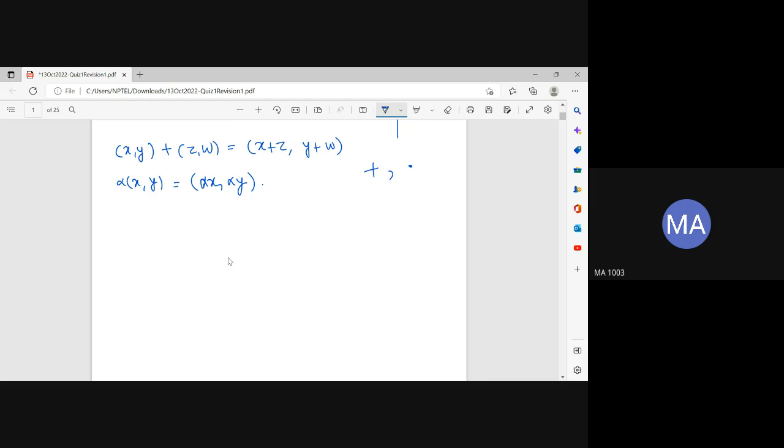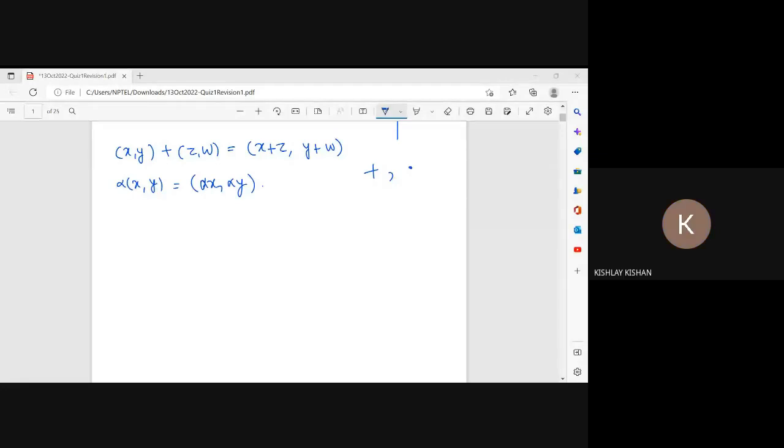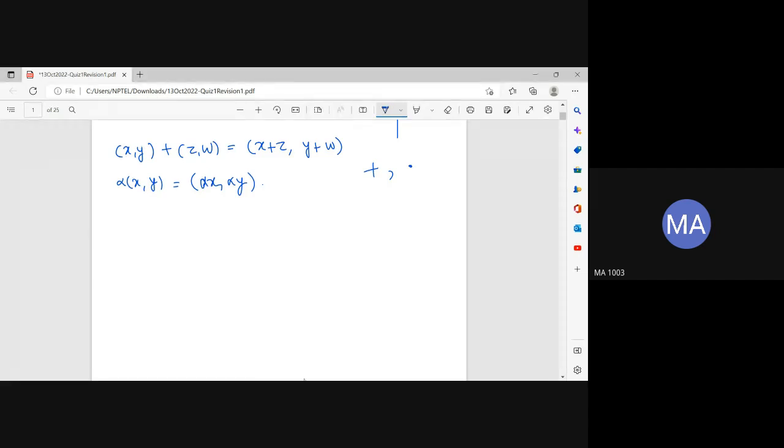Then what are matrices? It is also a vector. A matrix is an array of numbers, right? You just have a set of numbers arranged in rows and columns, right? And how do we add matrices? Component wise. And the order of the matrix is m cross n if there are m rows and n columns, right?